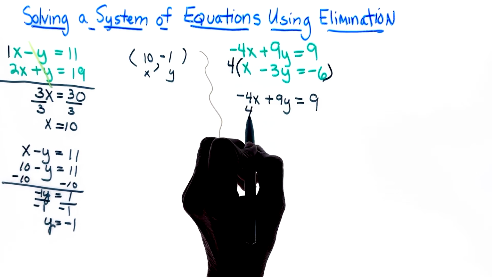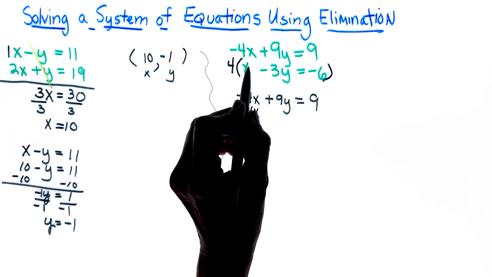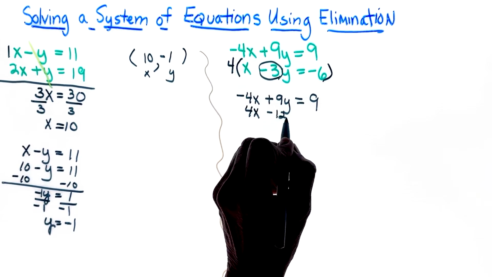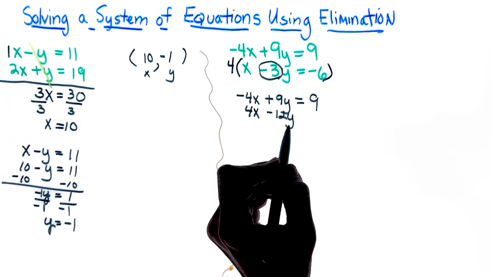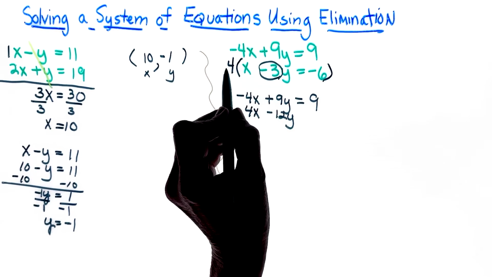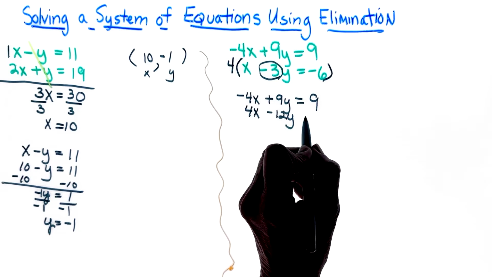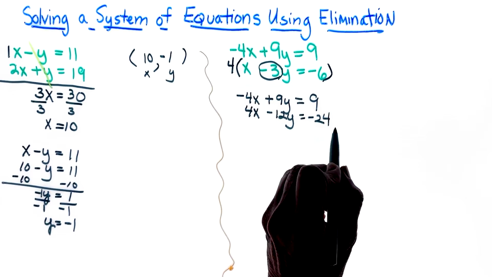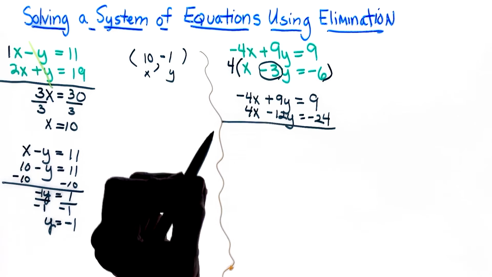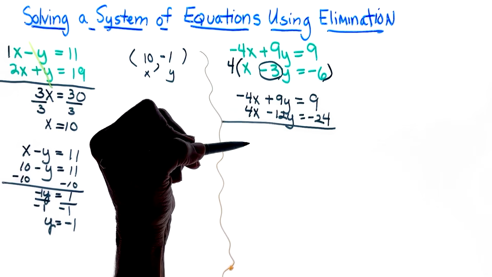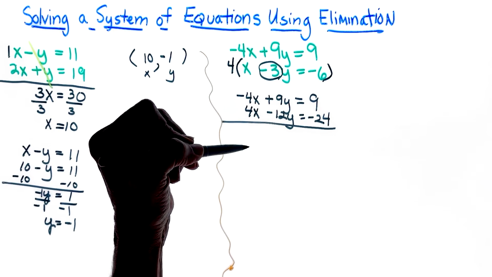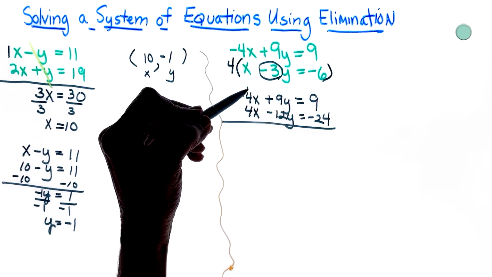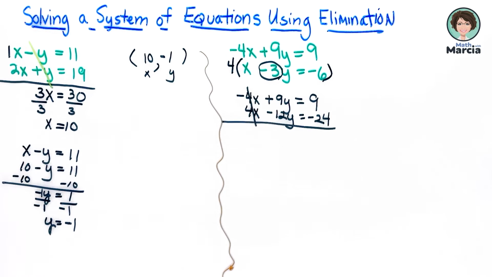So it is 4x. 4 times a -3 is a -12y. And I write that as -12y. 4 times a -6 is equal to a -24. So I see now that I'm ready to combine my columns, because when I do, I am going to be able to eliminate my x's.